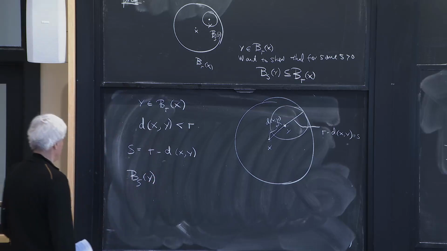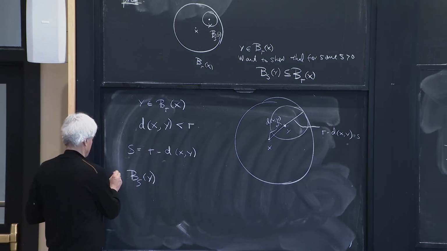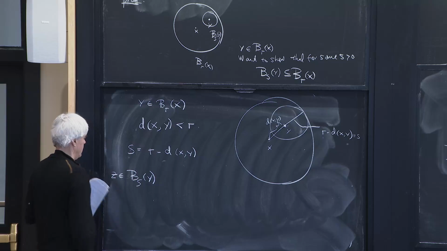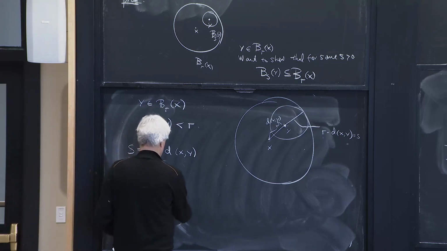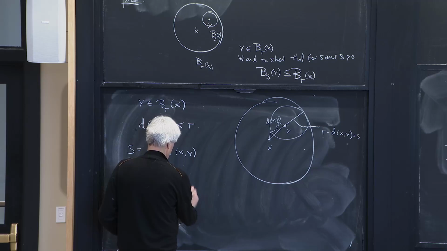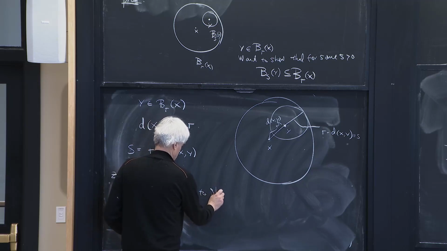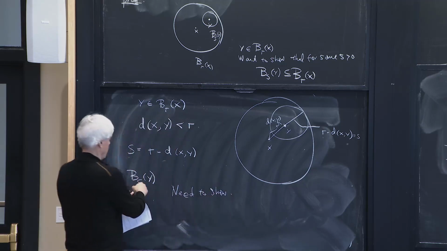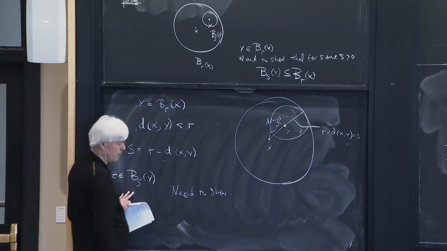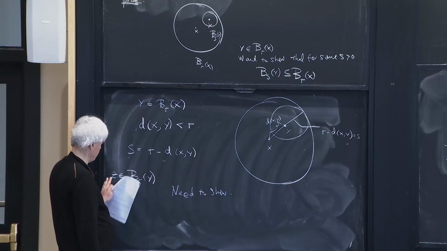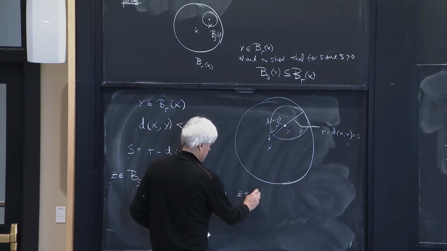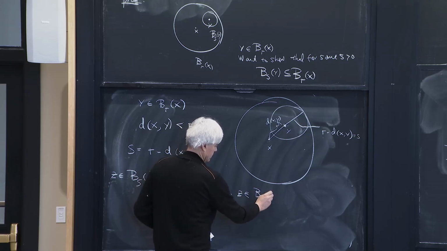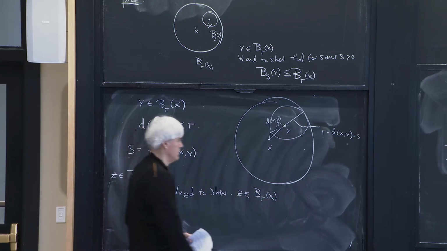We take an element z in this ball, and we now need to prove that this whole ball is contained in the original ball, so this means that we need to prove that for any such element, z is in the original ball. Right? That's what we need to prove.